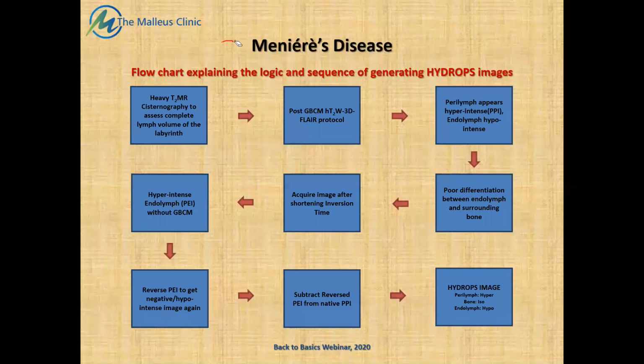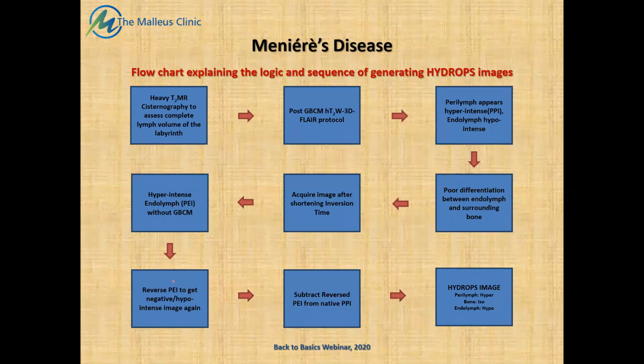Mind you, this is only done to separate the endolymphatic compartment from the bone, not from the perilymphatic cavity. Once we have the margins of the hyperintense endolymphatic cavity, that image is reversed again to make the endolymph hypointense.